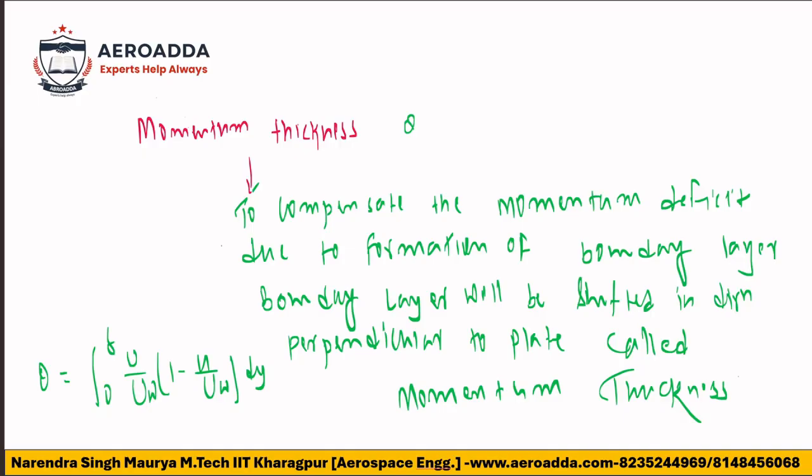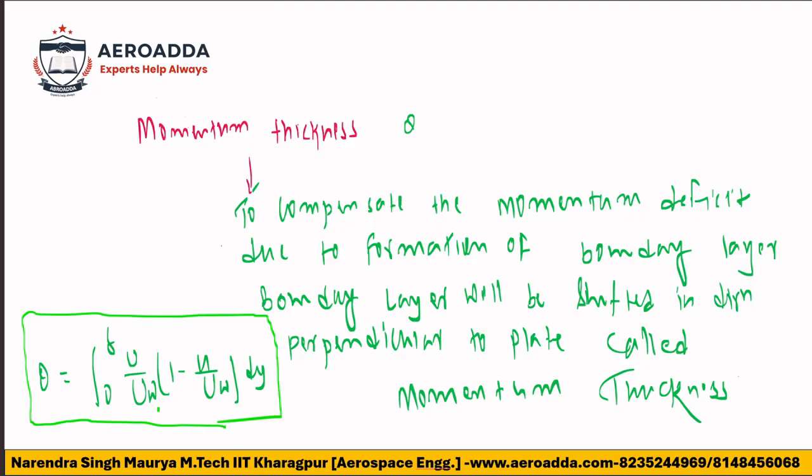Capital U is the free stream velocity, which is constant, and small u will be given as a function of y, because u changes in the direction of y. You integrate it from 0 to delta with respect to y, and you get theta.